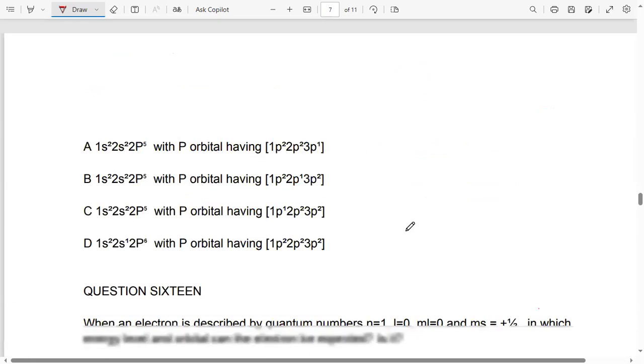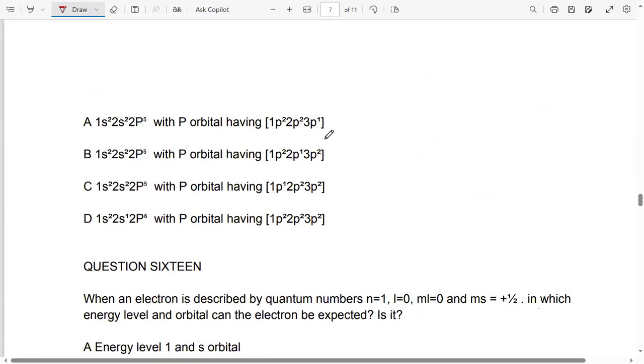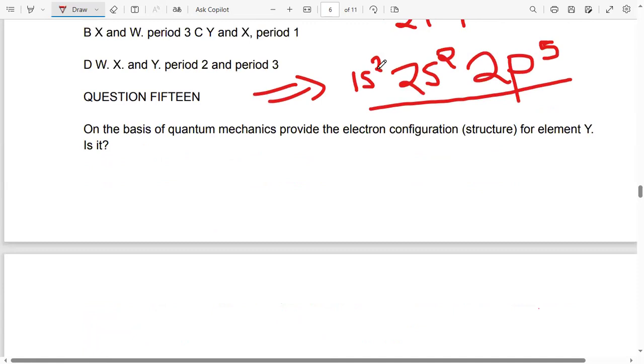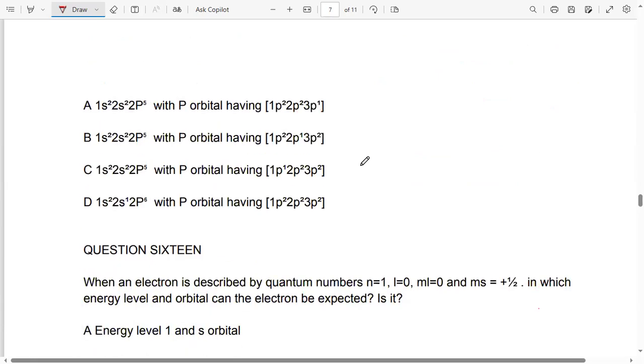Based on quantum mechanics, it should be somewhere here. So we said 1s2, 2s2, 2p5. With the p orbital, there are specifications here, so the correct answer will show these 5 electrons in the p orbital filled in this way.